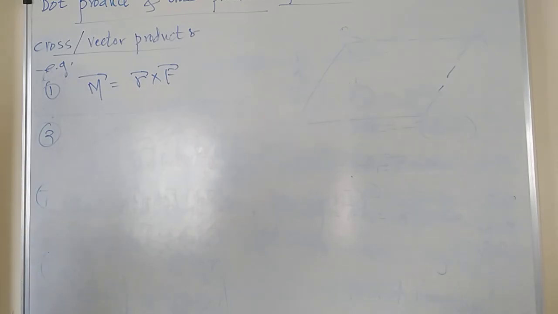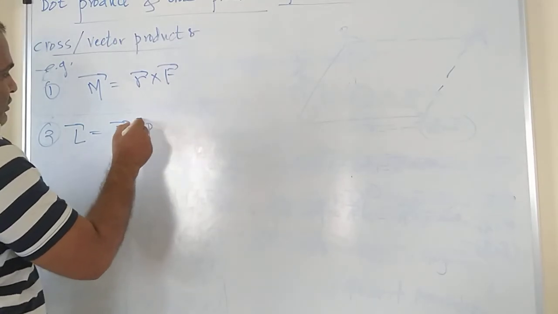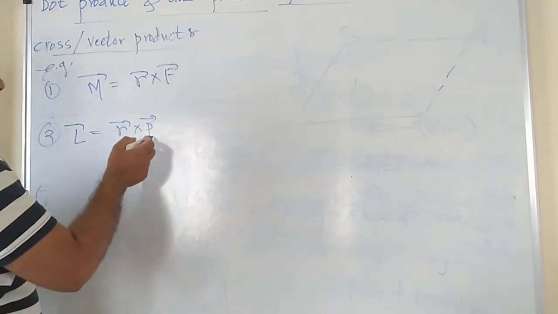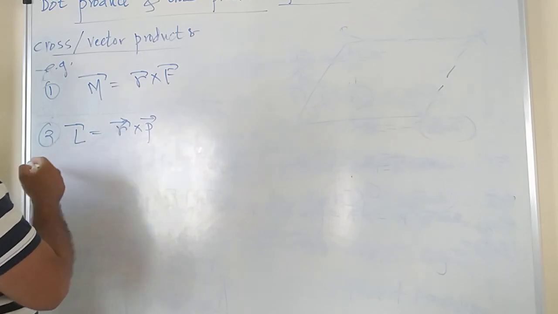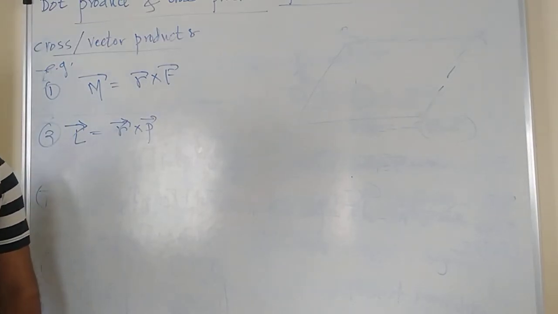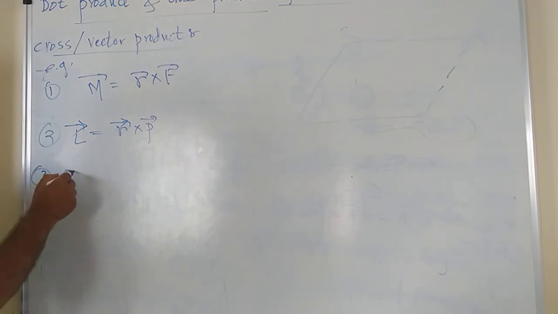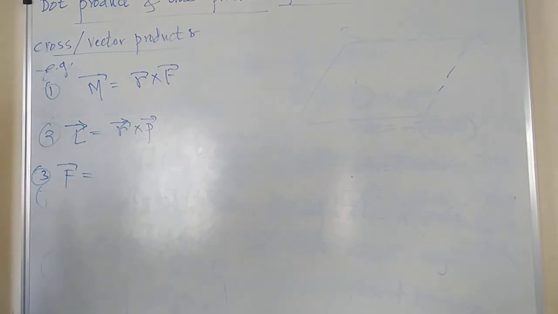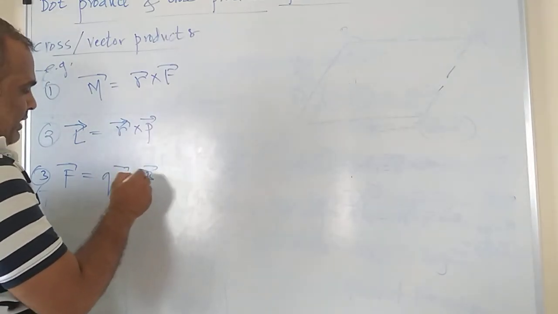Similarly, angular momentum L bar equals r bar cross p bar. So p bar is a momentum vector, r bar is a position vector again, and L bar is the angular momentum. Similarly, the force acting on a charged particle, F bar, equals Q into V bar cross B bar.